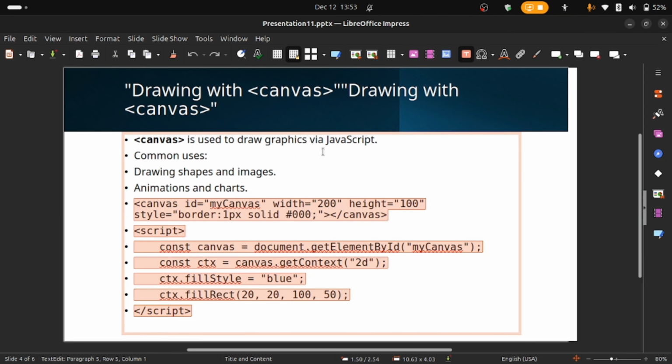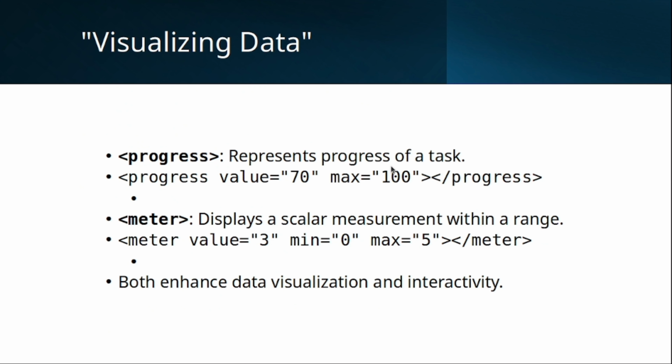So we'll go back to our slide, and we'll learn about visualizing data. As I introduced in the initial part of our video, we have other tags, which are progress and meter. Progress represents the progress of a task.